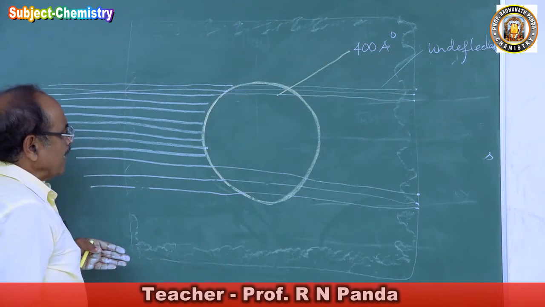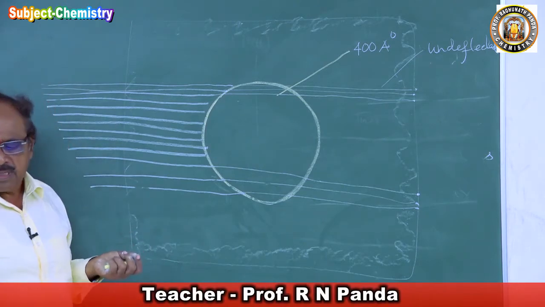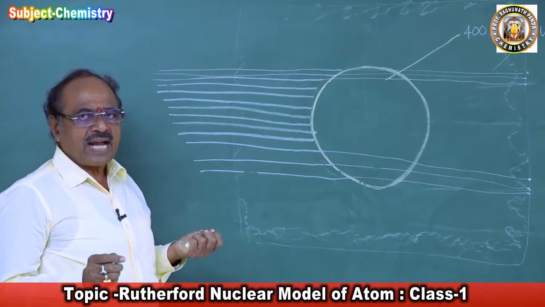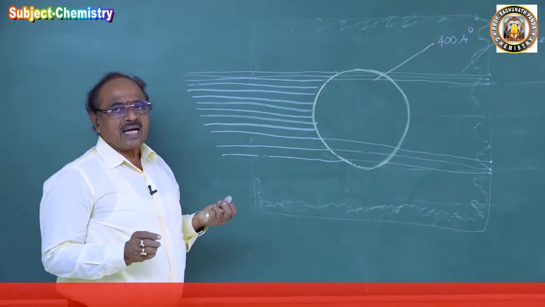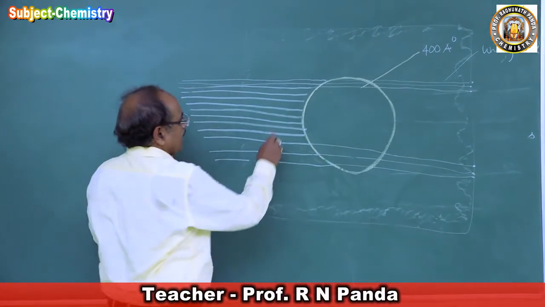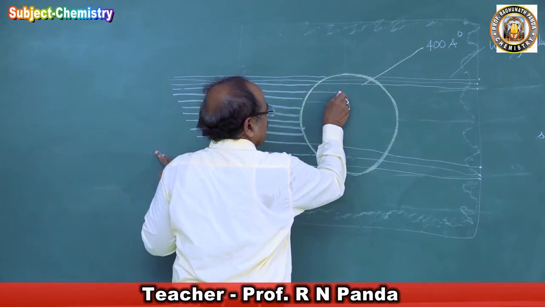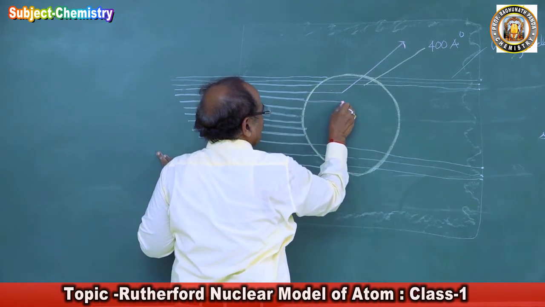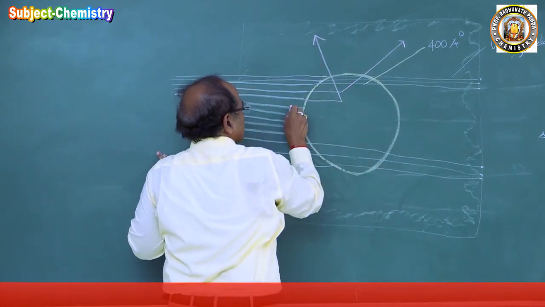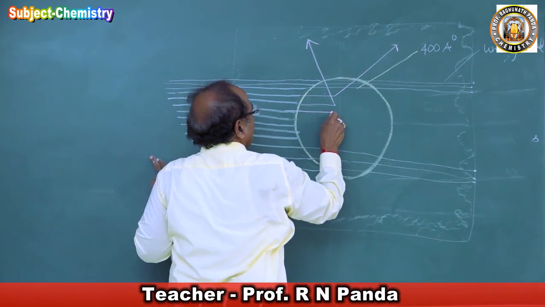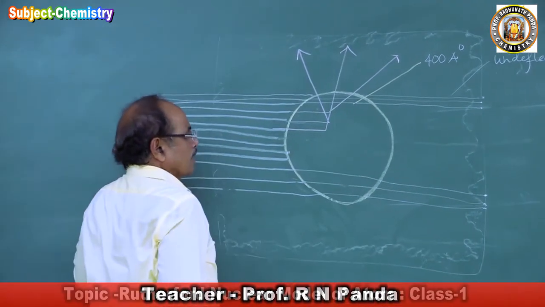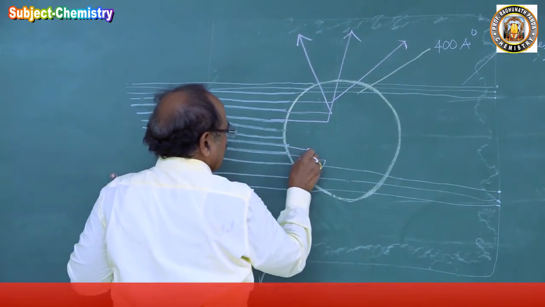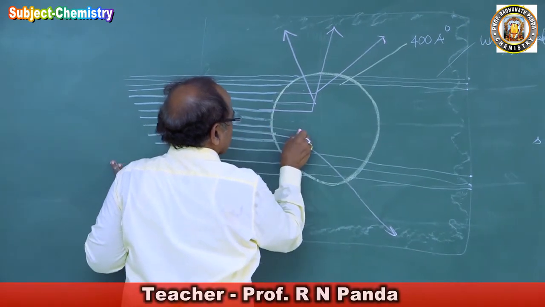Then the second observation: some of the alpha particles got deflected in smaller and larger angles. Some come and hit the foil and go like this, some go like this, and here also some hit and got deflected in smaller and larger angles.